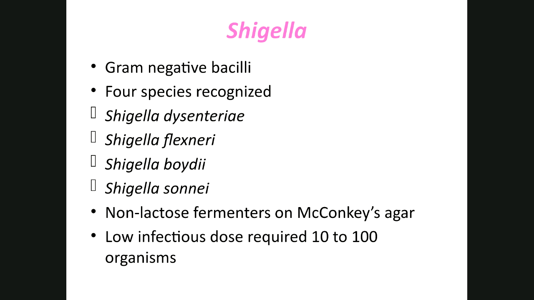Now, it's important to note that Shigella has a very low infectious dose, 10 to 100 organisms, whereas generally, bacteria require large numbers to pass through the stomach and reach the intestine, sometimes more than 100,000 organisms. But as few as 10 organisms in the case of Shigella can produce disease. This is important to note.